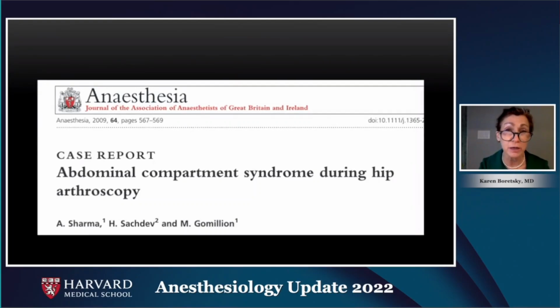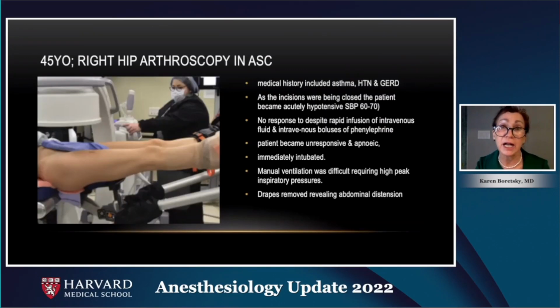There are some oddball things that you might want to delve into if you get really excited about point of care. Abdominal compartment syndrome has been diagnosed during hip surgery with fluid extravasation. Here was a 45-year-old asthmatic. As the incisions were being closed from the hip arthroscopy, the patient became hypotensive, unresponsive, and apneic, was intubated, and manual ventilation was difficult.